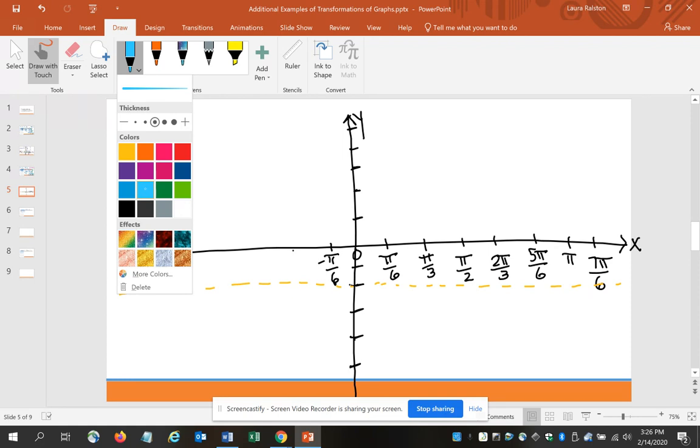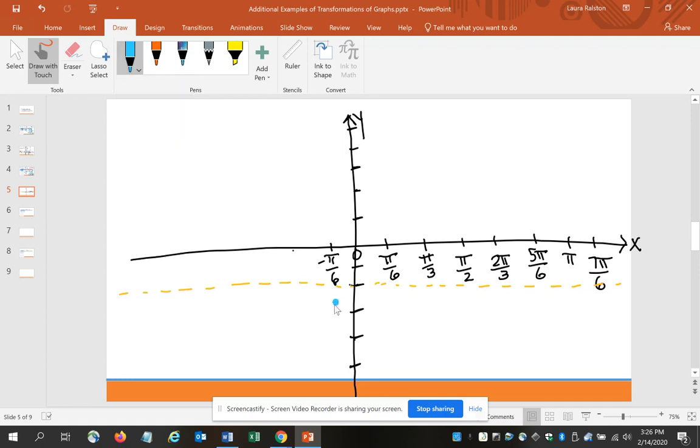But we need to change the amplitude from 1 to 1/2, and we've got to reflect it. So instead of going up, we have to go down a half unit. Okay, so that's going to be my beginning and my ending point. Typically, my middle point would be at 1 unit below the 0 line. We're changing that to a half and reflecting it. So now it's going to be above, and you have zeros in between.